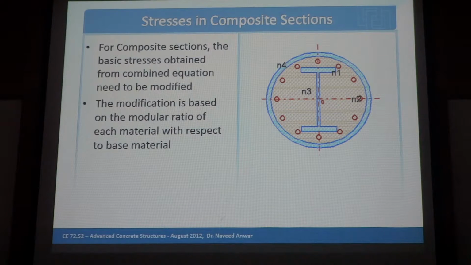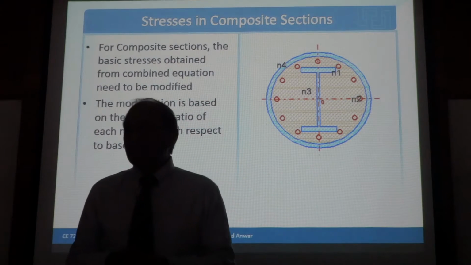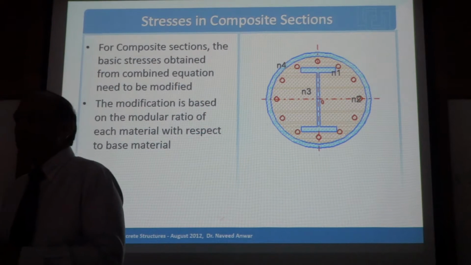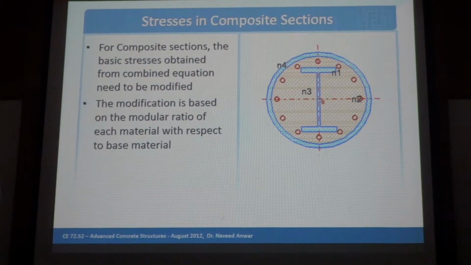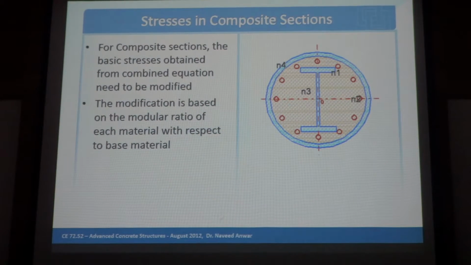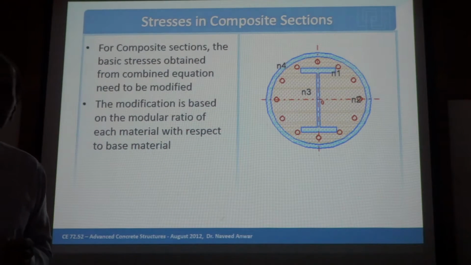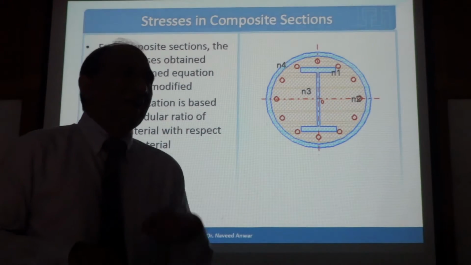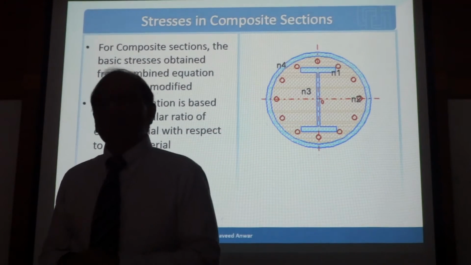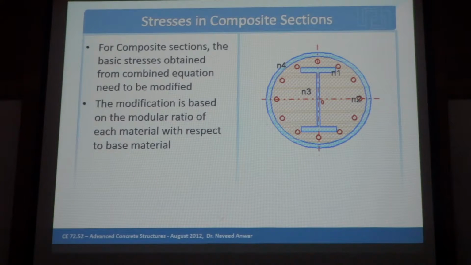But as long as the overall cross section is in the elastic range, we can use the concept of modular ratio. If we have many materials in a section and the section is in an elastic range, we can use the concept of modular ratio to calculate the stresses.